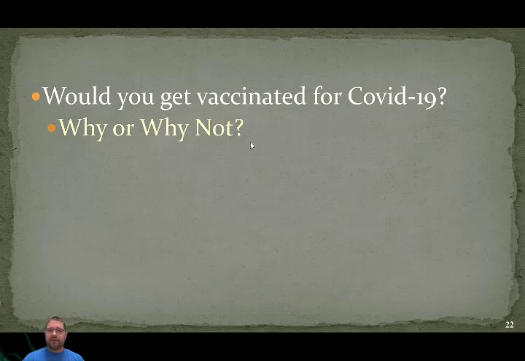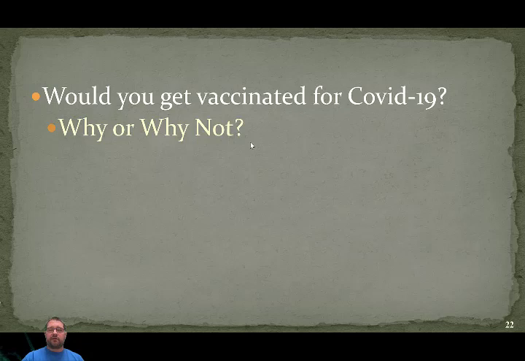Right? We haven't seen an outbreak of it, but we have seen an outbreak of measles in different regions. Okay? And that's one of the things that we used to vaccinate on, but people are choosing not to vaccinate. Okay? So if there's a vaccination for COVID-19, are you going to get it?